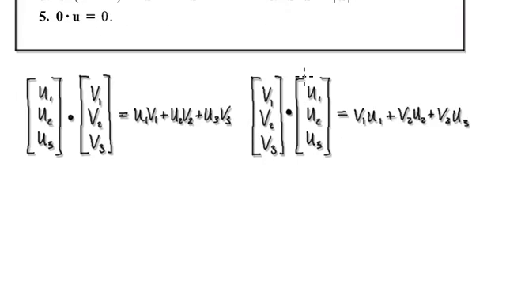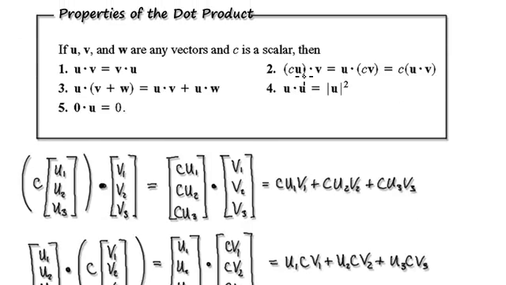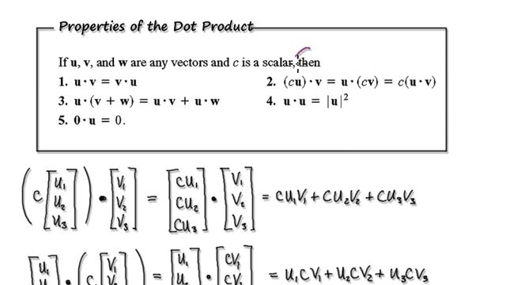Looking at the second property, the first part will be a scalar times a vector. So this thing here will be a scalar times the vector u, and then once you've done this, dot it with v.